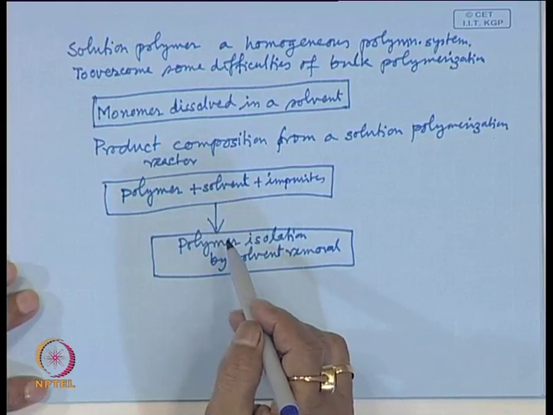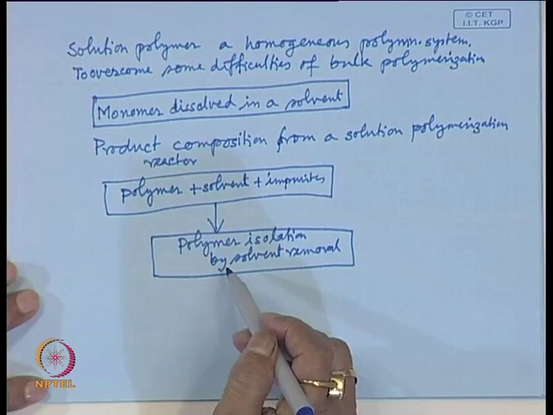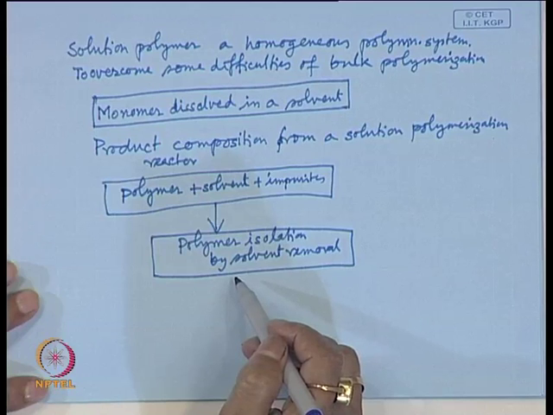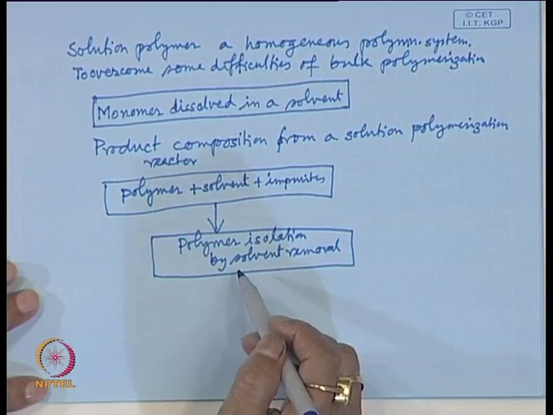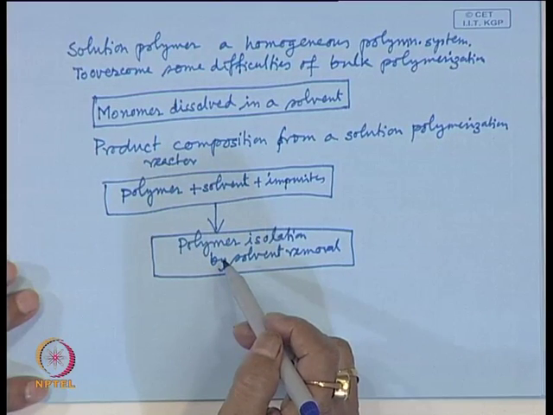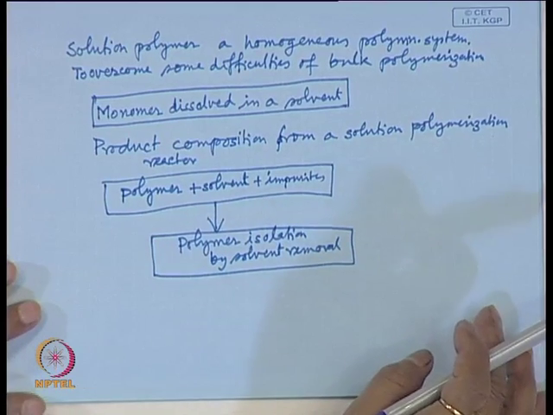Apart from that, it is not always possible to remove the last traces of solvent from a high viscosity solution, as more and more quantity of solvent is removed by distillation, stripping or other techniques which are available.